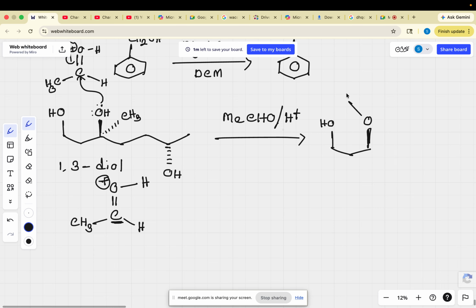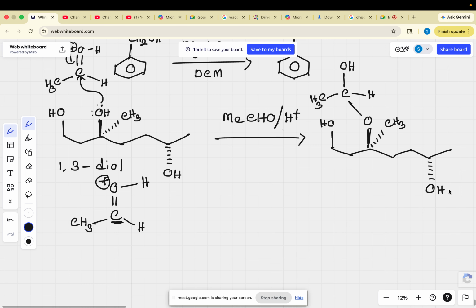Oxygen now attacks this carbon center. Here you have methyl, here you have hydrogen, OH. Here you have CH3.